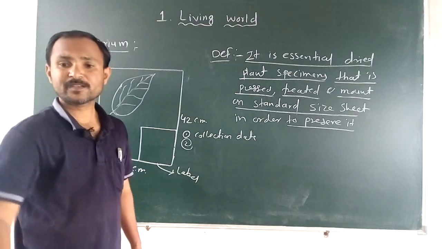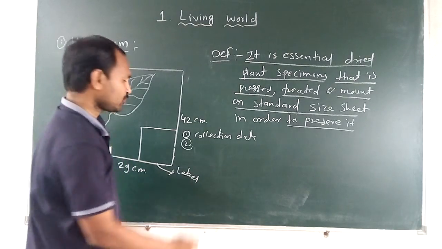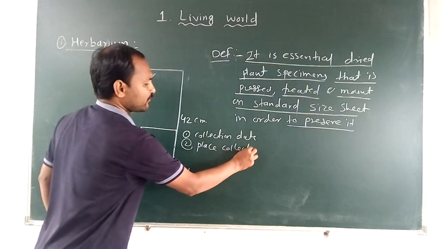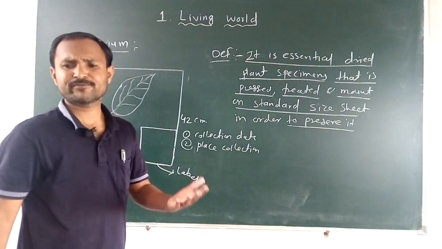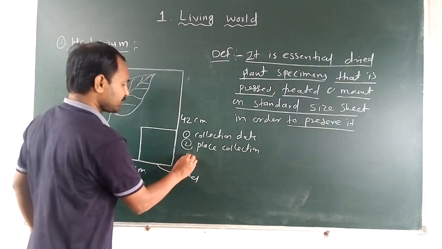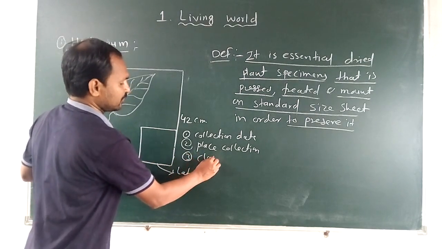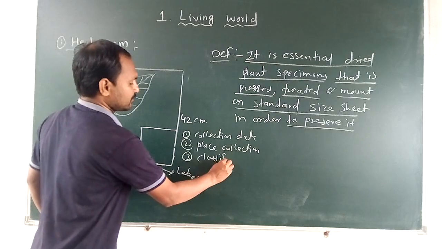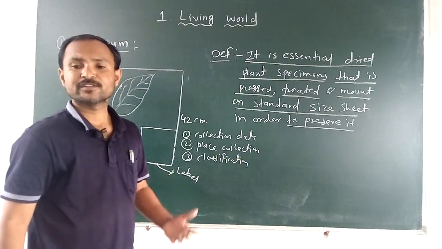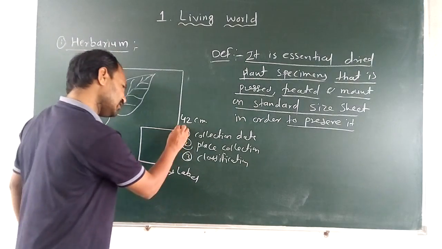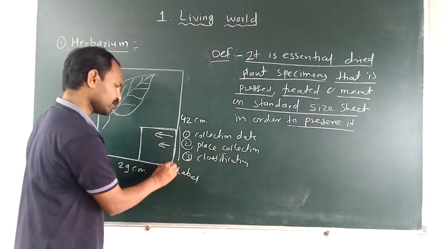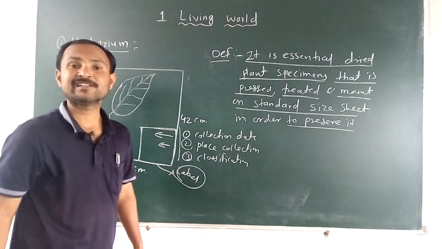Second important feature is the place of collection, from which place we collected this, any forest, any farm, whatever, that can also be mentioned in the labeling. Then the classification of this leaf, from which plant species, ecological features, local name, scientific name, all these are written in this lower right corner, and that we call the labeling.